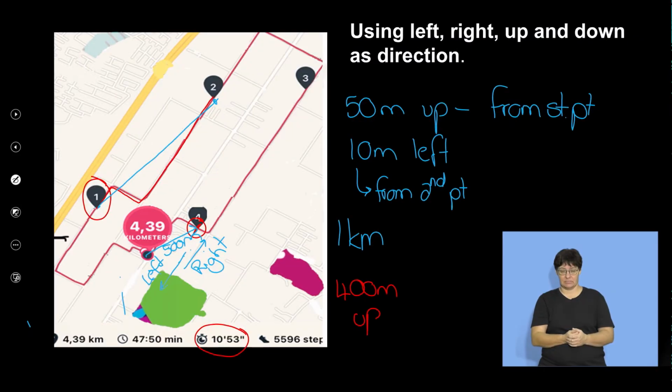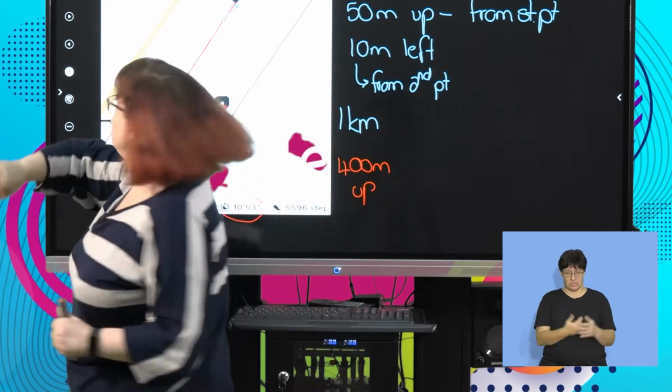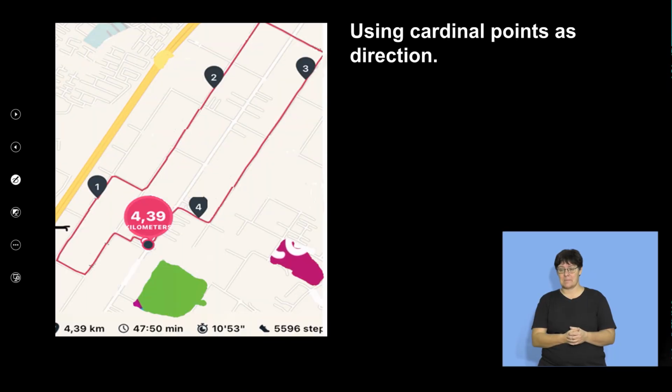With this one, describing this as left, right, up, down feels a little clumsy, okay, because we're doing lots of turns. What we could do instead is, instead of using up, down, still the same thing, we're going to use the cardinal points. In other words, north, south, east, and west.